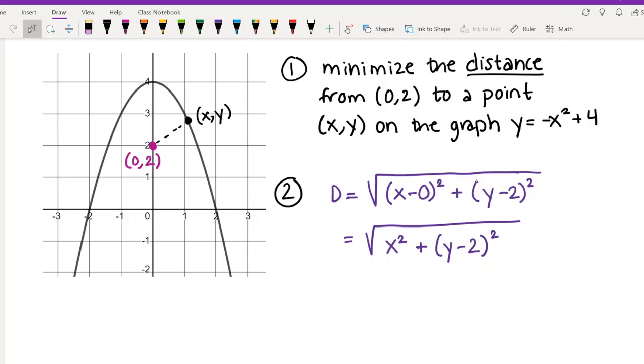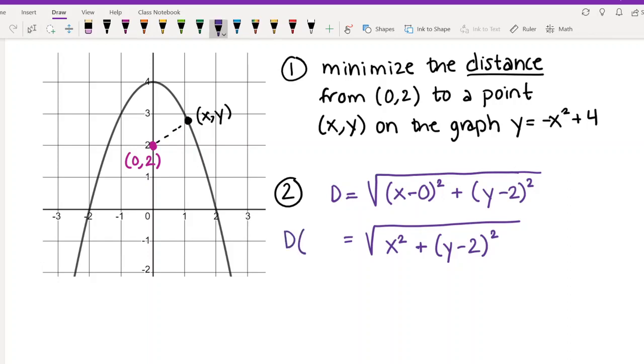So there's one issue here. We're trying to find a function that we can use calculus to find the minimum or maximum of, and we only know how to deal with functions of only one variable. Right now, this is actually a function of two variables.